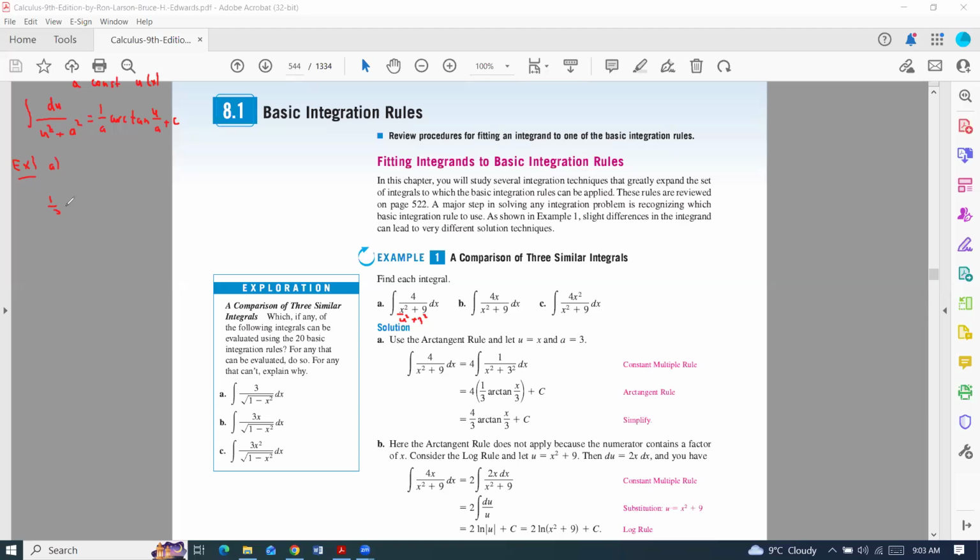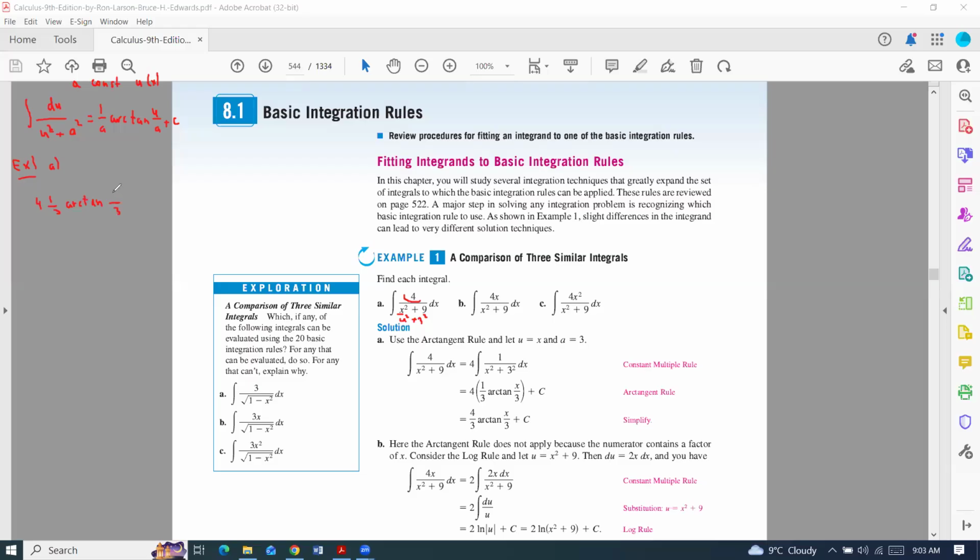What's important is to write it down carefully. Also, there is a 4 that we can factor out of the integral sign, right? It's always like that. So we end up with 1 over 3 times arctangent. And for the argument of function arctangent, I have a fraction with same denominator 3.